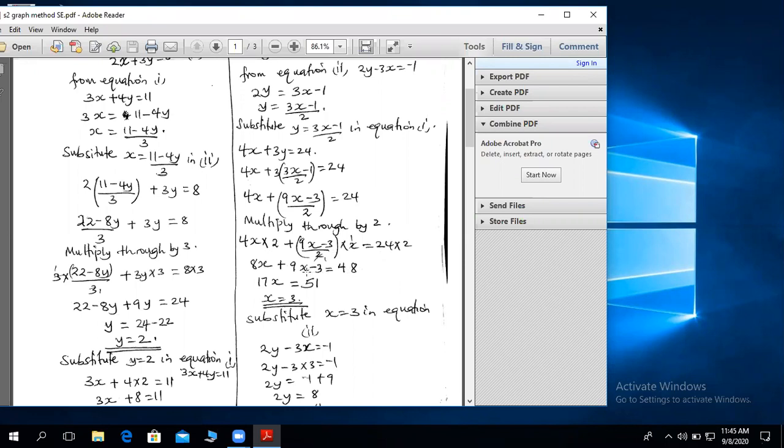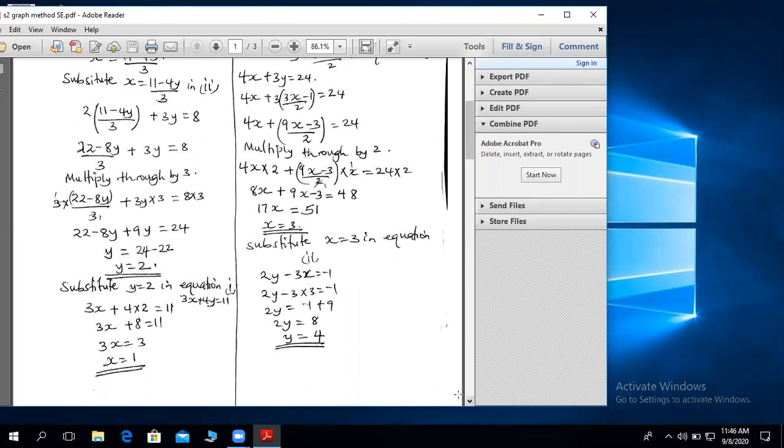When I collect like terms, 8x plus 9x, the answer is 17x. But when this 3 crosses the equal sign, it becomes positive, and 48 plus 3 is 51. When I divide by 3, I get x as 3, and I substitute it in any one equation.